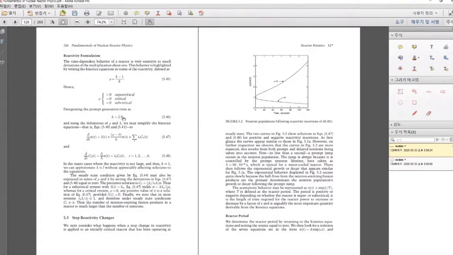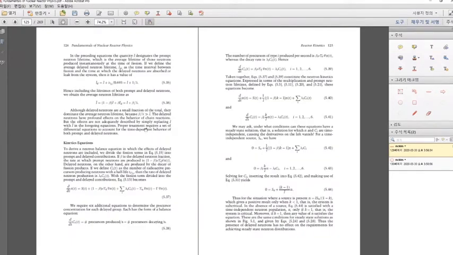And if K is very close to 1, then the prompt generation time is very close to this L. And also, last time it was emphasized that beta over lambda is much bigger than the neutron lifetime, L. So the point is that beta over lambda is normally much greater than prompt generation time.